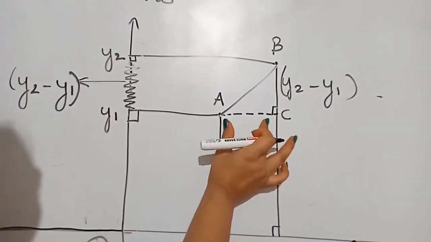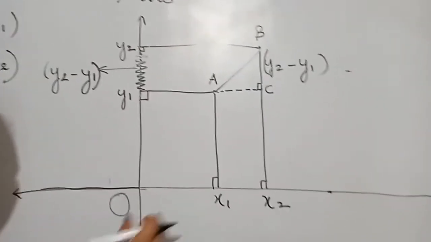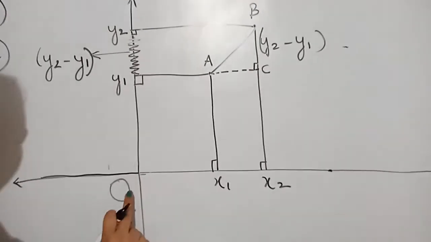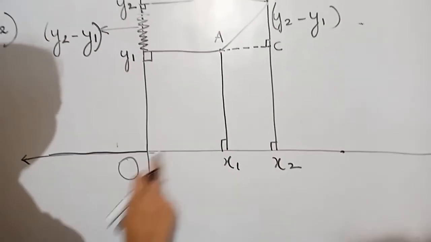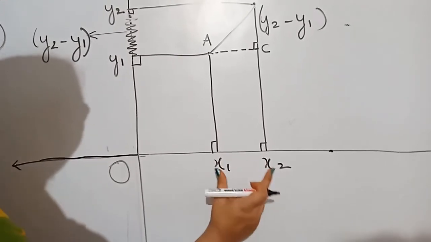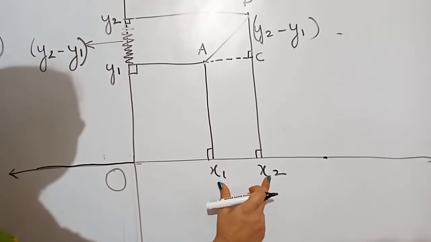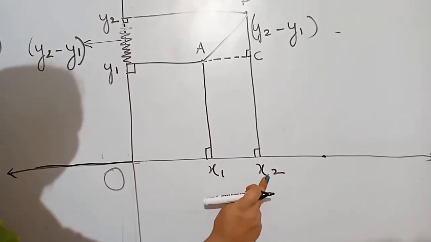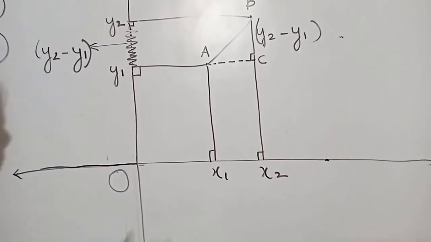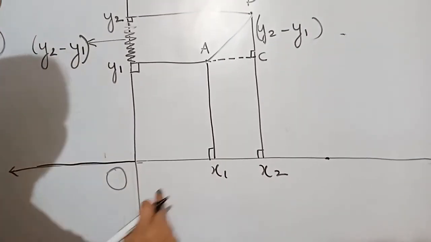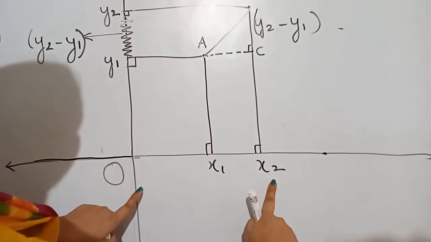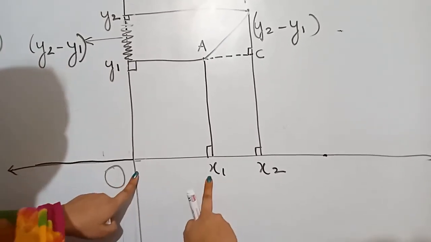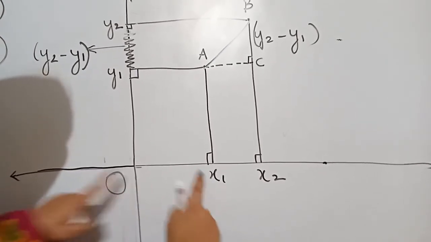Let us find the length of AC. Now over here, the distance is from 0 to x1 and from 0 to x2. Now I have to find the distance from x1 to x2, so I am going to subtract these two lengths. From 0 to x2 I subtract the distance from 0 to x1.